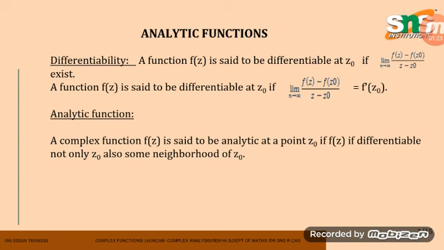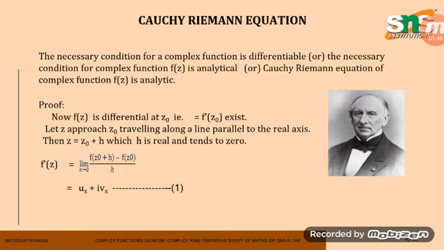A complex function f of z is said to be analytic at a point z0 if f of z is differentiable not only at z0 but also in some neighborhood of z0. So an analytic function is differentiable at all points.